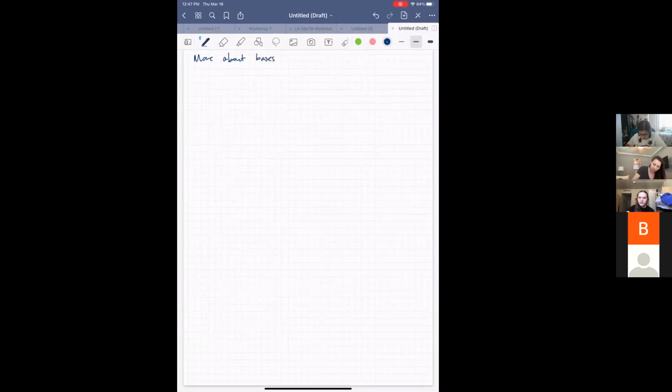So I wanted to talk a little bit more about bases. So bases, this is plural for basis. So first of all, let's just review the definition, right? So I am going to start using this notation.